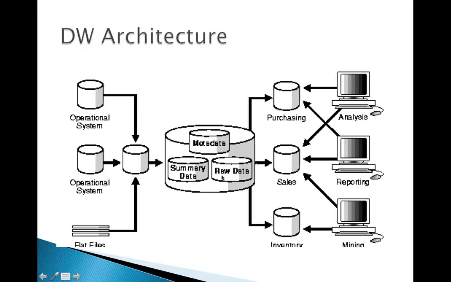From this data warehouse, we are moving the data to the different departments. What are these called? Data marts. What is a data mart? It is a subset of the data warehouse. Let's take an example like a product company.